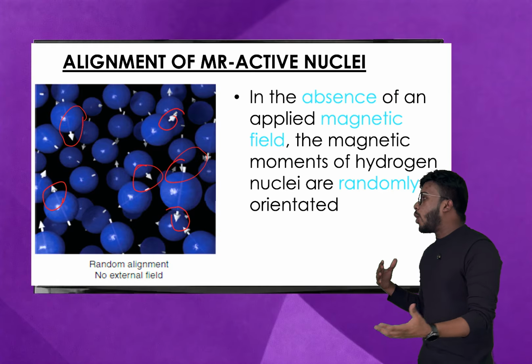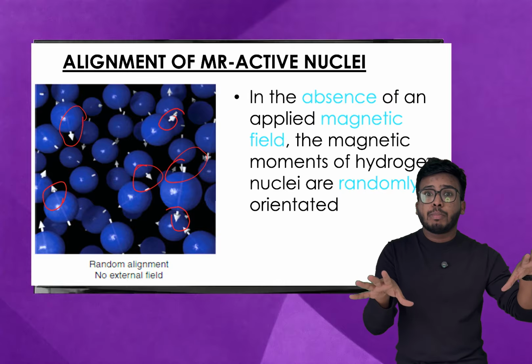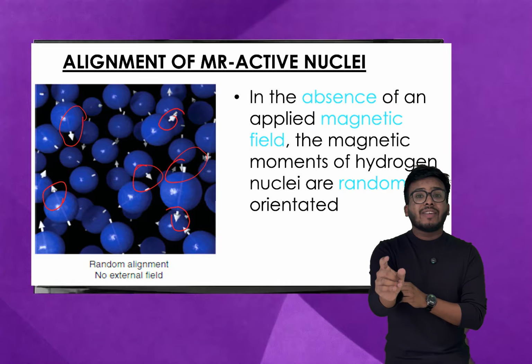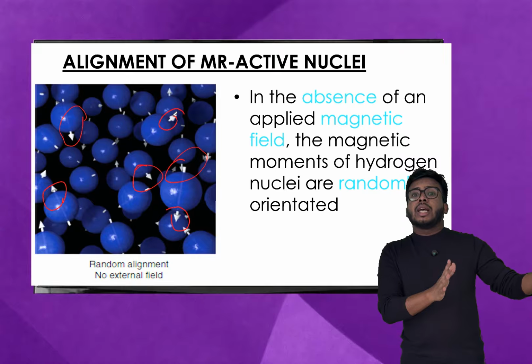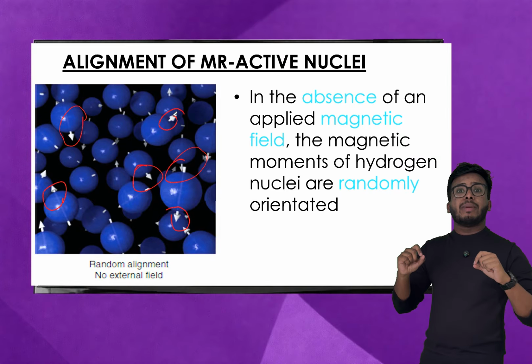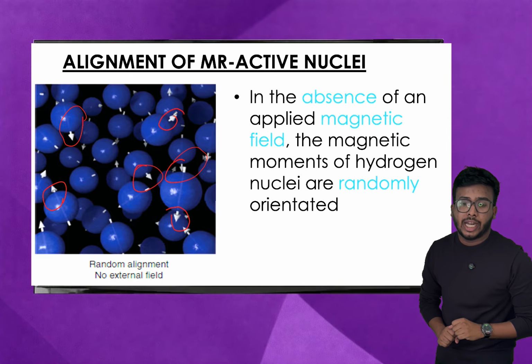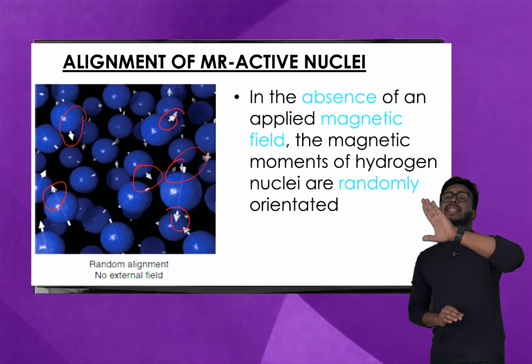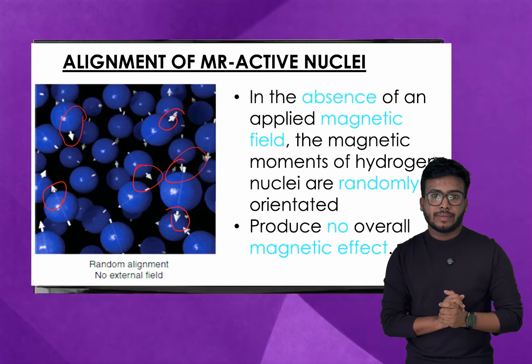Some will be talking by turning backside. They will not have any particular direction. They will have a random orientation. Similarly, the protons inside the human body will have a random orientation in the absence of an external magnetic field. Clear? So it will not create any magnetic effect.